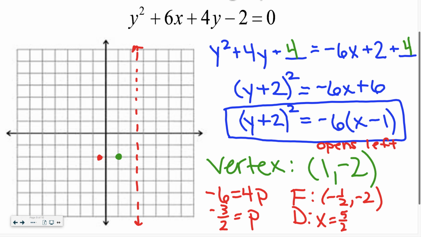What is 3/2 times 2? 3/2 times 2 is 3. So if we take p and double it, we're going to move from our focus double p, which is 3.